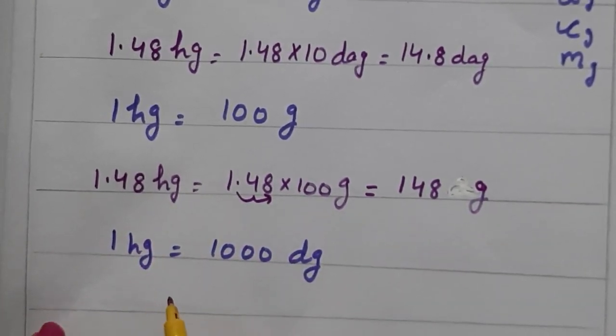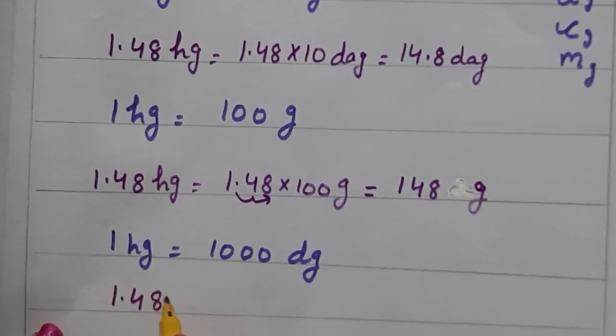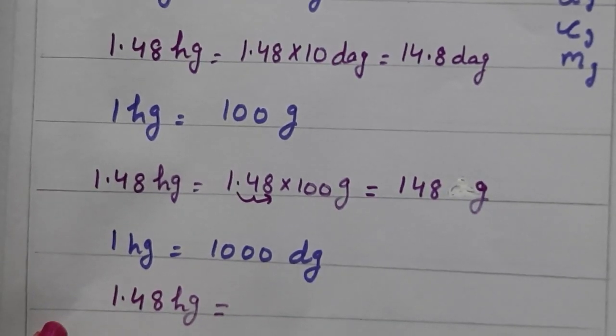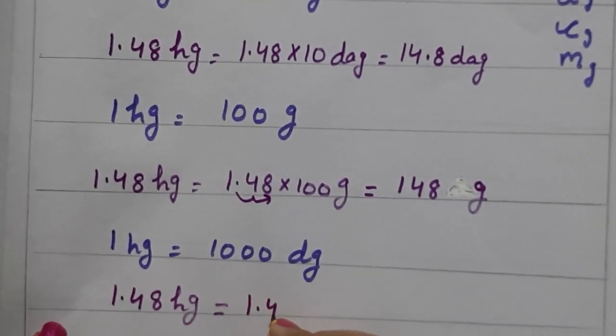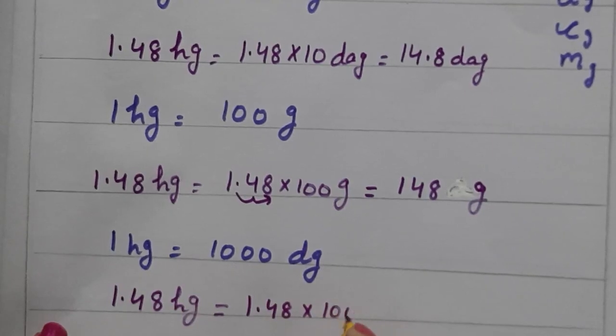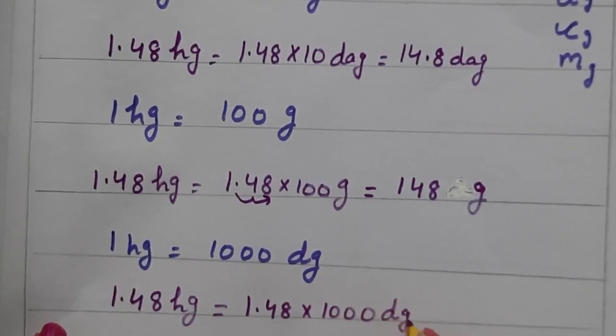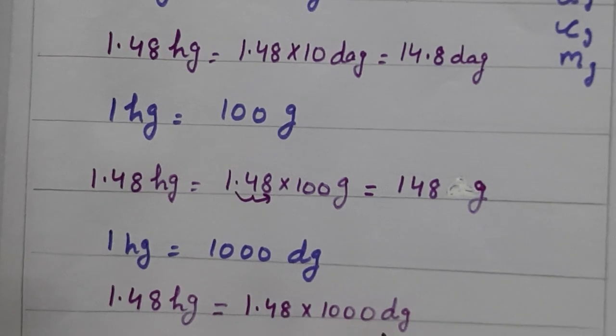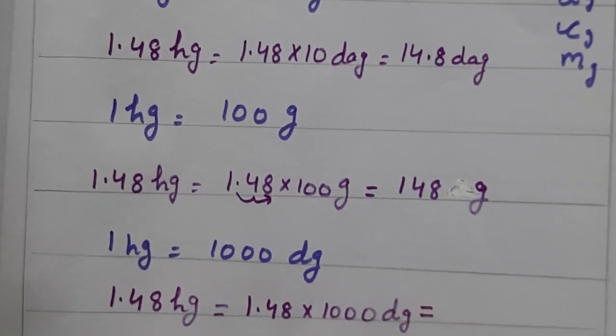Now come to the third formula. 1 hectogram, 1000 decigram. 1.48 hectogram is equal to 1.48 multiply by 1000 decigram. Whenever we are going to multiply or divide, the unit will change.